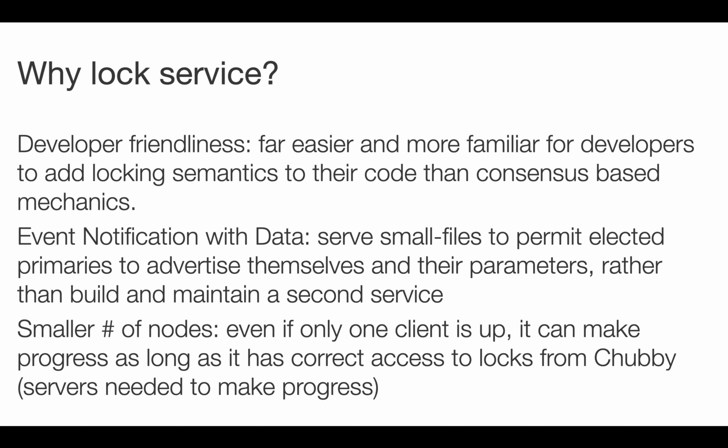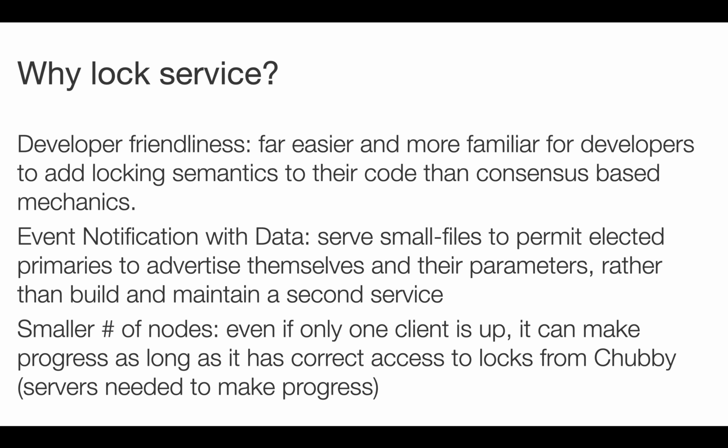Why a lock service? There were a lot of other options that the Chubby team could have implemented, but they implemented a lock service. The author talked about Paxos, which is a family of protocols for solving consensus in a network of unreliable or fallible processors.